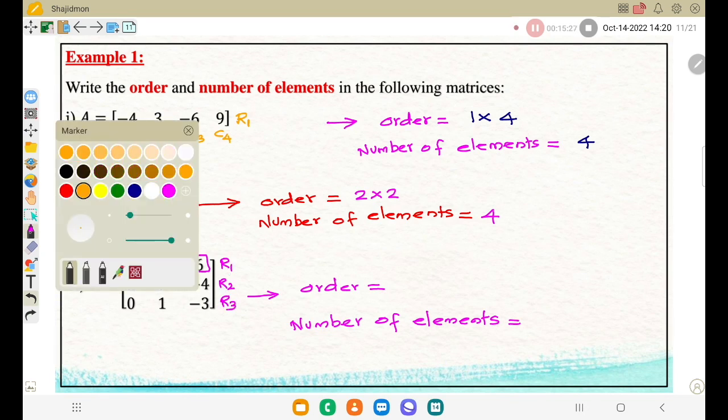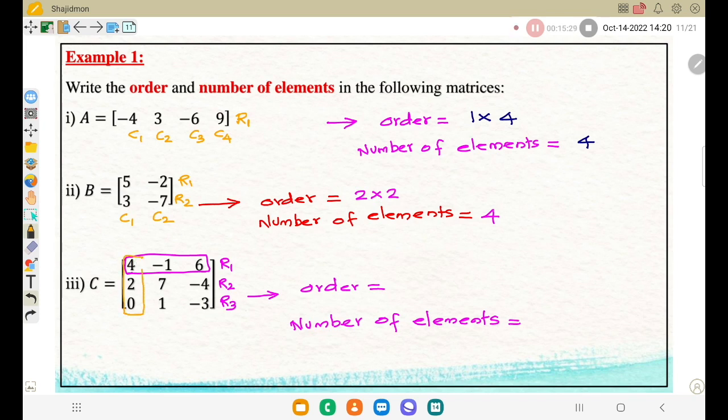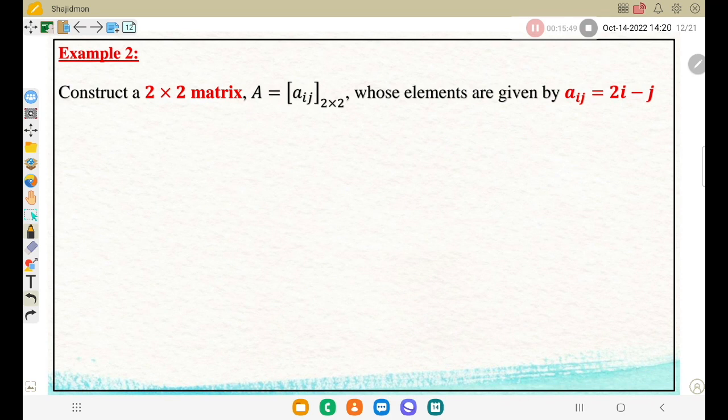How many columns can you check? This is the first column, column number 1, this is column 2, this is column number 3. So what will be the order? The order is 3 rows and 3 columns, 3 by 3. So how many numbers will it be? 3 multiplied by 3, that means 9 numbers inside. So this is the idea, how to find the order and how to write how many numbers are inside that matrix.